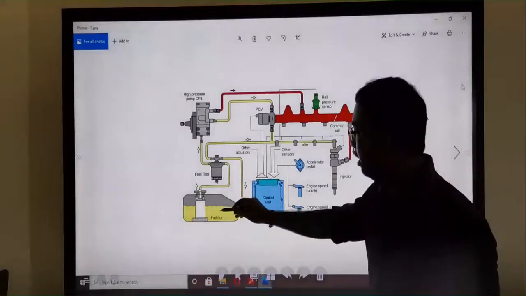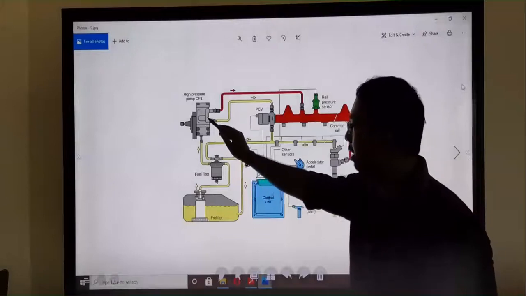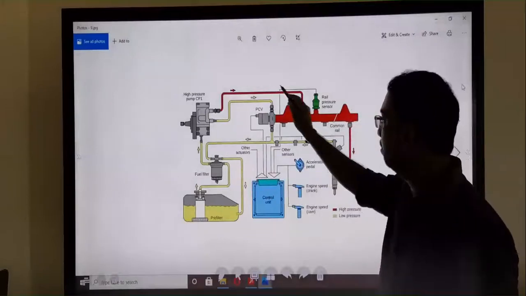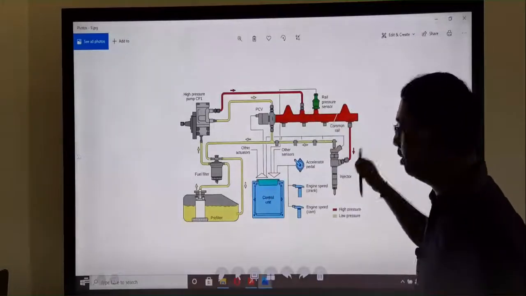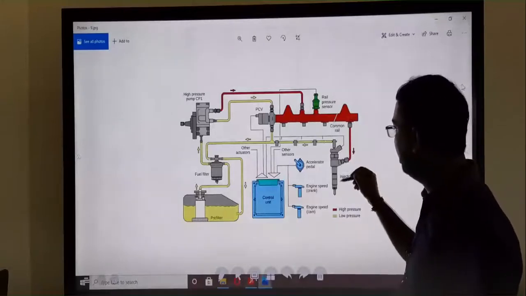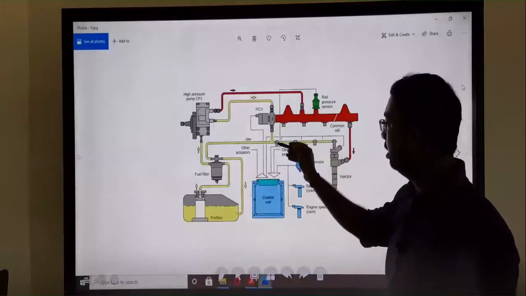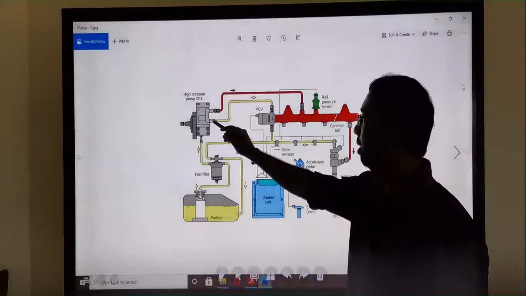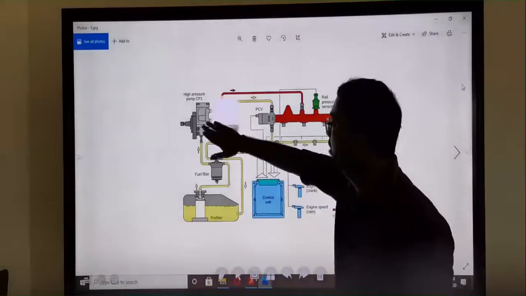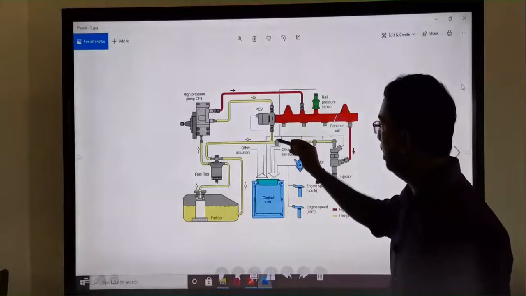The supply goes from the fuel filter to the high pressure pump, the pump supplies to the common rail, and the common rail supplies to the injectors. Then there is some fuel remaining after injecting, and the remaining fuel comes to the return line. The pump return line and the common rail return line are also joined here.